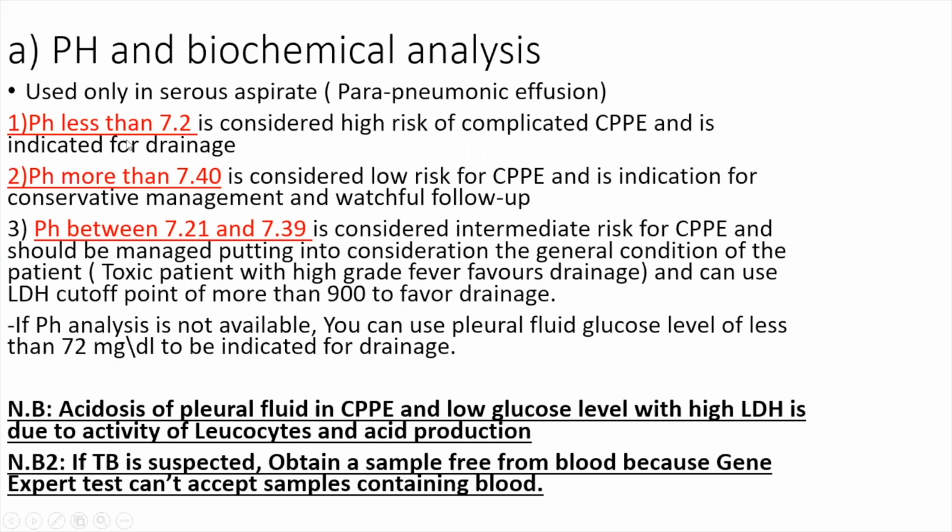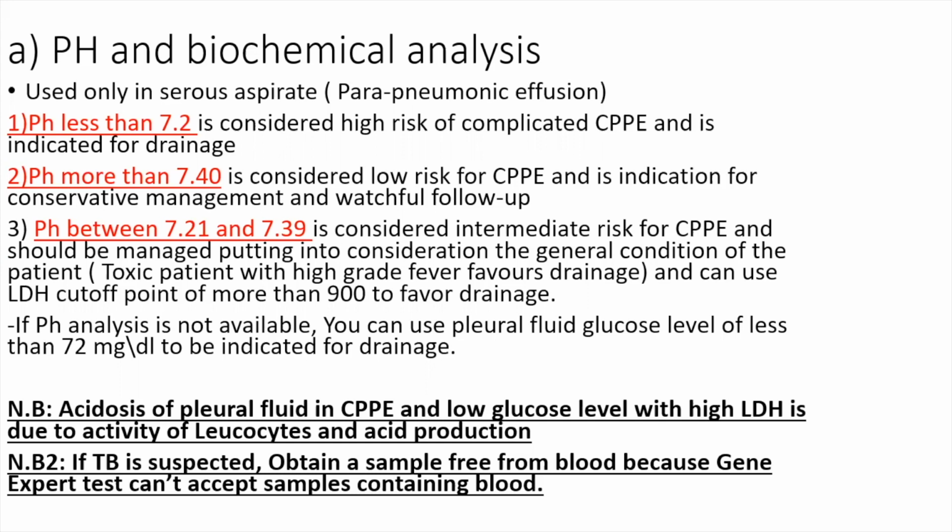For pH less than 7.2, this is considered a high risk for complicated parapneumonic effusion and is an indication for drainage. If the pH is more than 7.40, it's considered low risk for complicated parapneumonic effusion and is indicated for conservative, watchful management and follow-up.